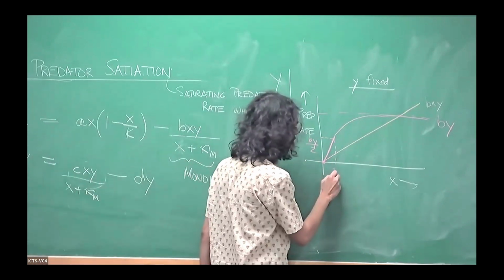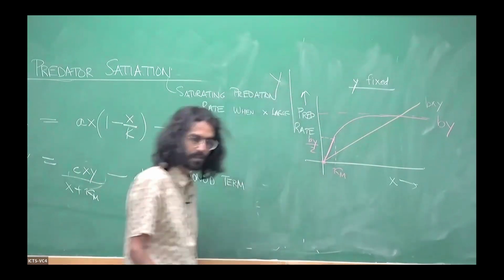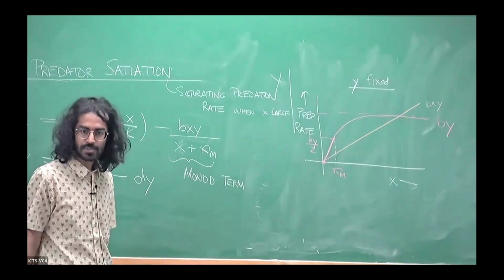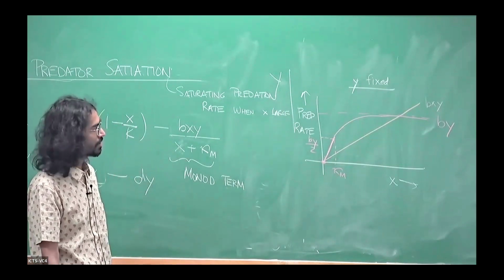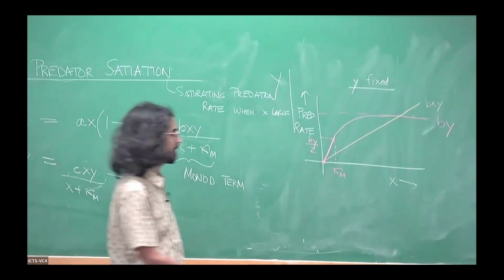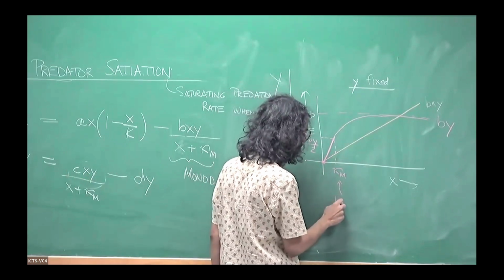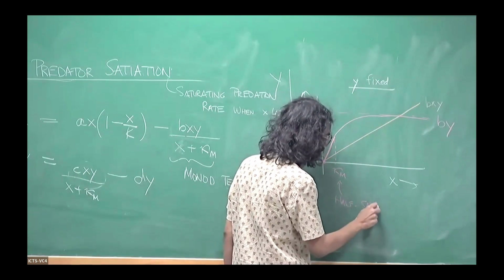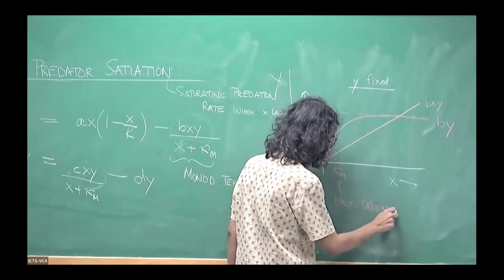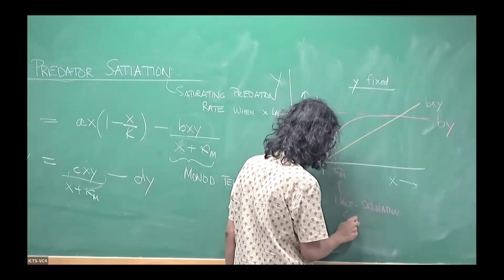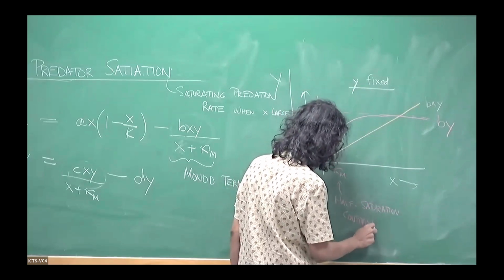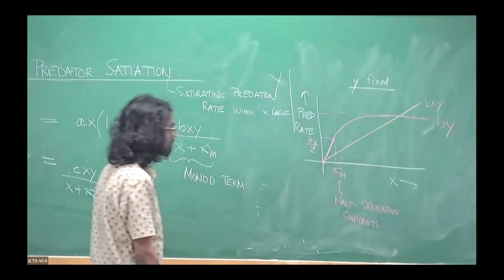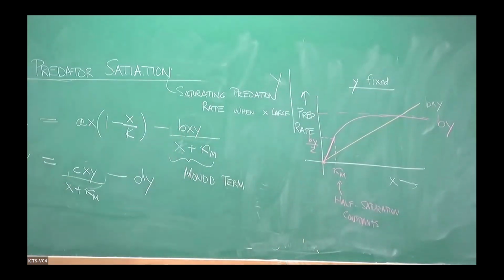So kappa m is the prey population size at which the predation rate is half its maximum value. In many cases these are called half saturation constants. Now this term does the saturating behavior that we want.